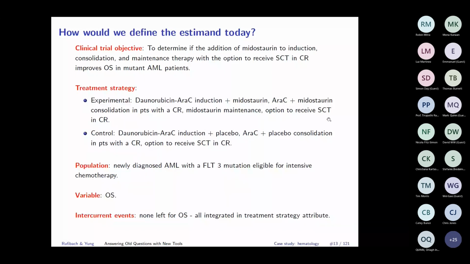Okay, but now we have absorbed it into the treatment strategy. So in fact, in this scenario here, there is no intercurrent event left for overall survival. We have integrated all these decision points or these clinical events that can happen into the treatment strategy attribute here. And then the summary measure would be the hazard ratio.